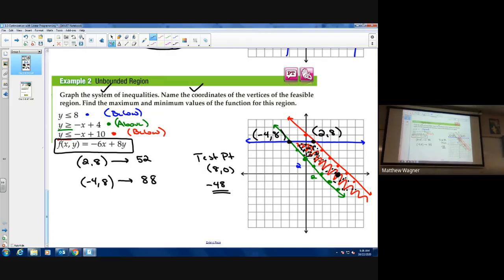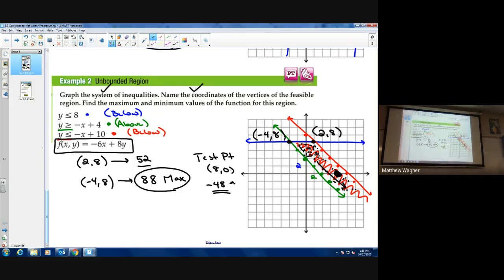So as we look at this, if we picked a point way out here in my region and got -48, what does this number tell us? Since it's smaller than 52, the numbers are going to keep getting smaller as I move throughout my region, which means 88 must be the maximum.